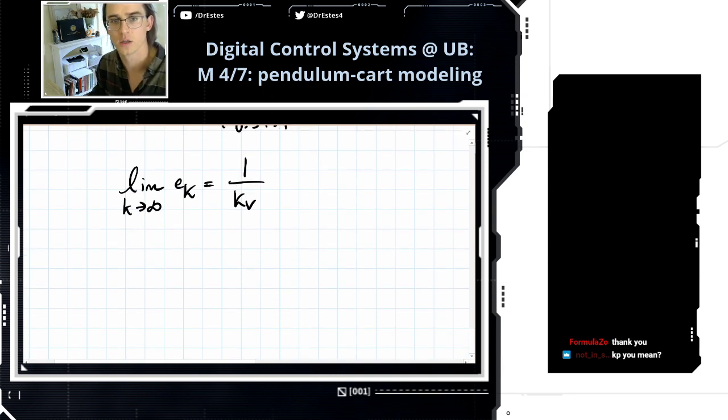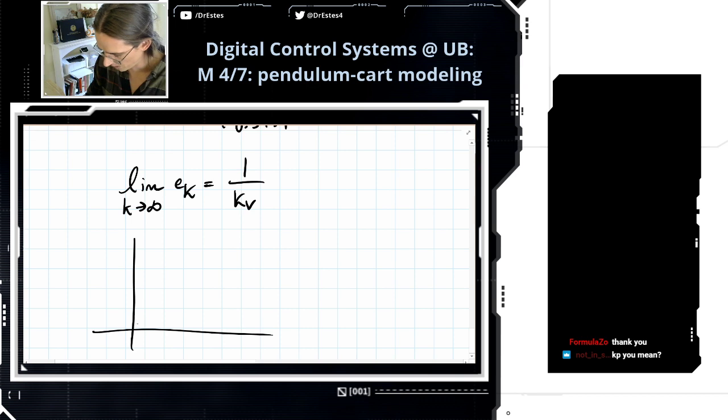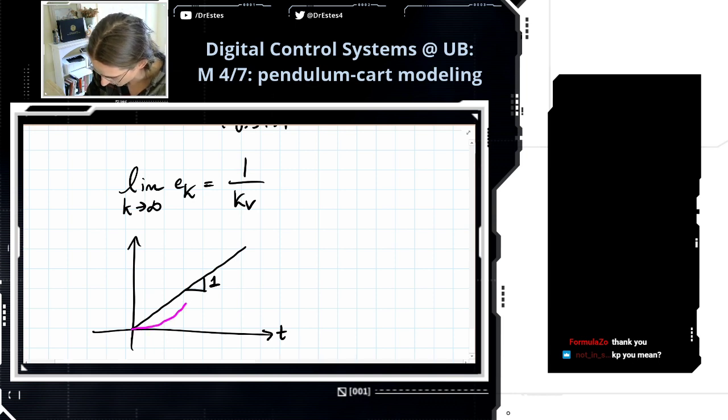So let's look at this. A unit ramp looks like this. It has a slope of 1 as a function of time. And your controller is going to probably do something like this.